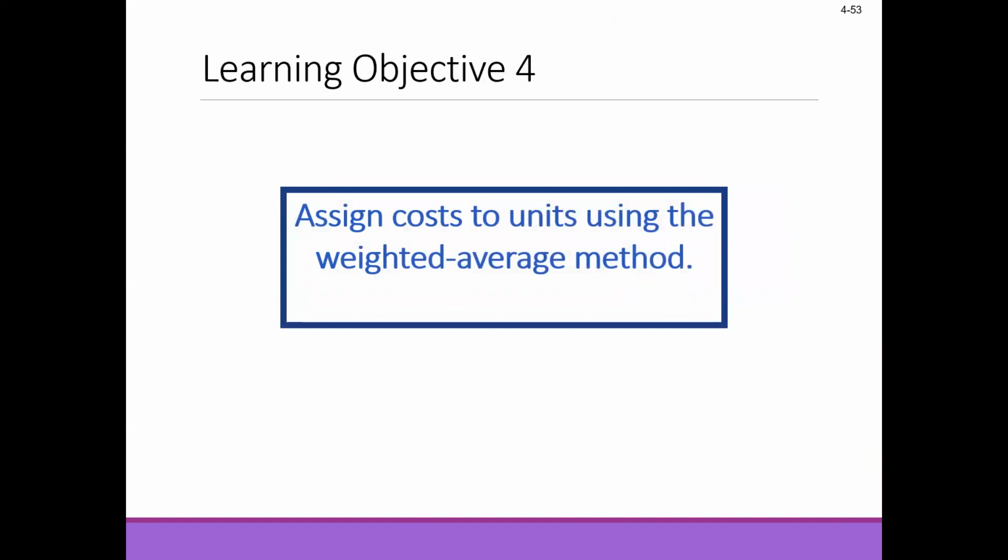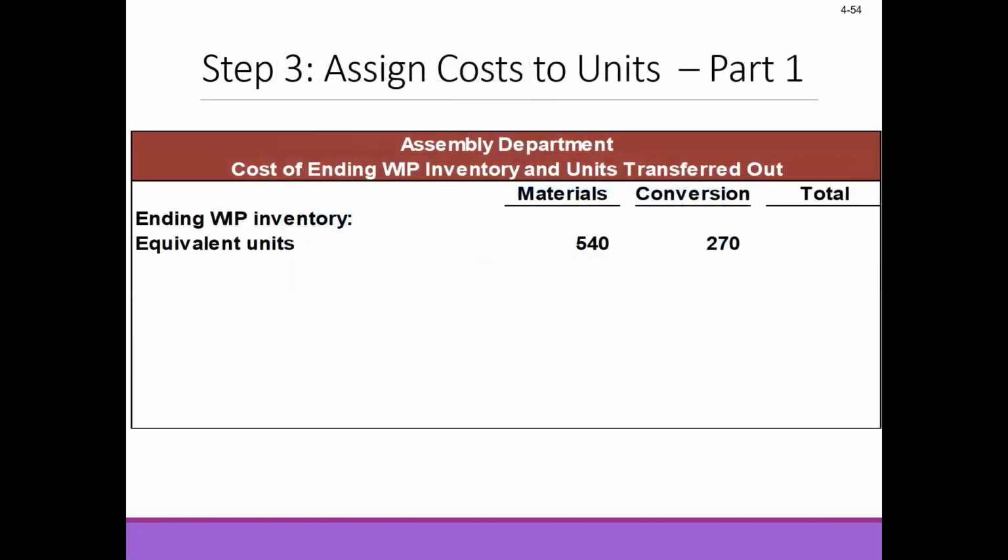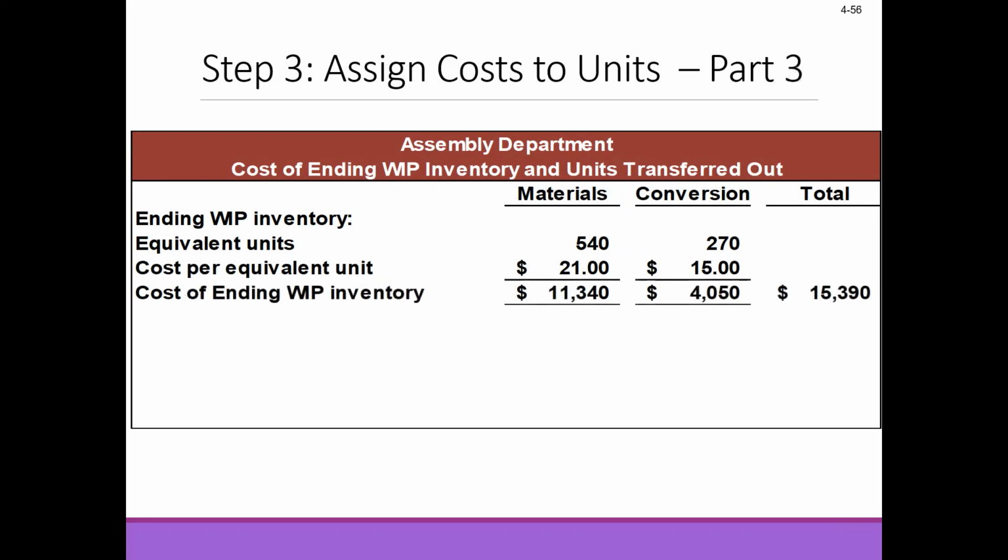Now we're going to assign cost to units using the weighted average cost. We've got our equivalent units. We take our cost per equivalent unit to come up with our cost of ending work in process.